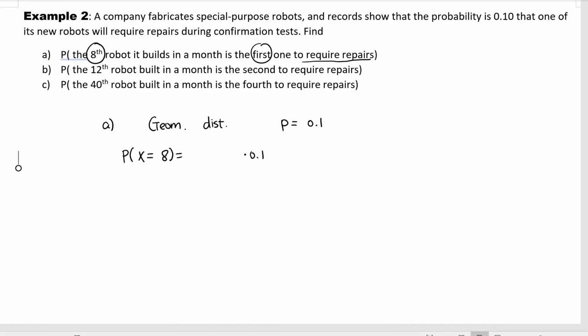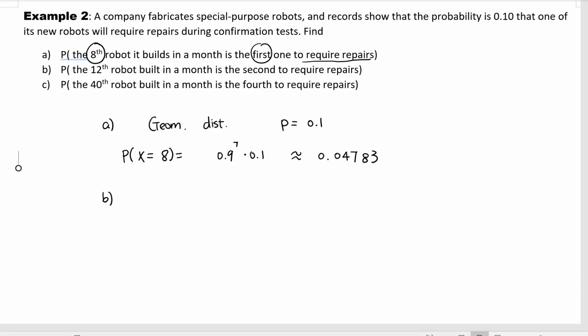How many failures are there? The last one is success, and the total is 8, so we have 7 failures. Okay, so this is what we get. Plug this in your calculator and we can get 0.04783. Do you get the same answer?